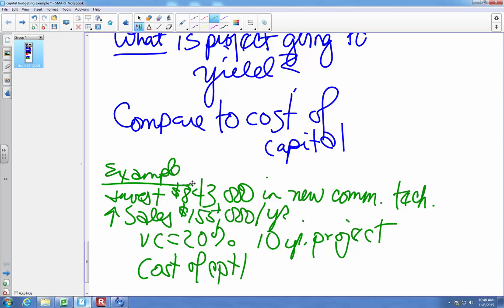My cost of capital is 9%, and my tax rate is 33%. So I'm going to let you figure out the annual cash flow, and then I'll walk you through the calculations and looking up the IRR.